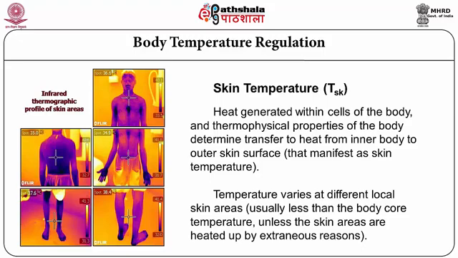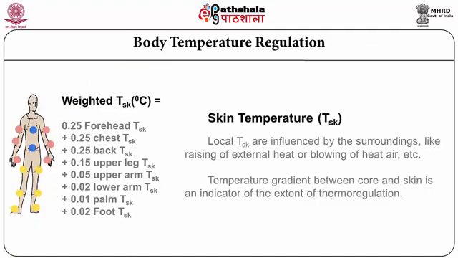That means the temperature of different areas of the body will have different nature depending upon the tissues present there, on the exposure, depending upon the bareness and other factors. So, in order to attain one level of skin temperature, these sites can be integrated together.